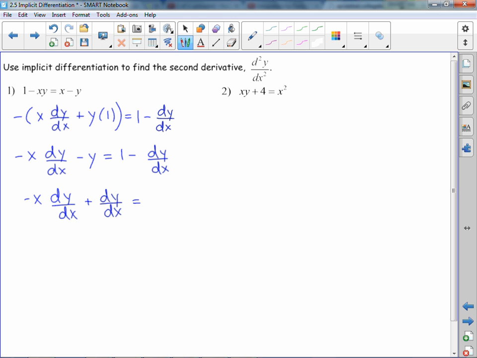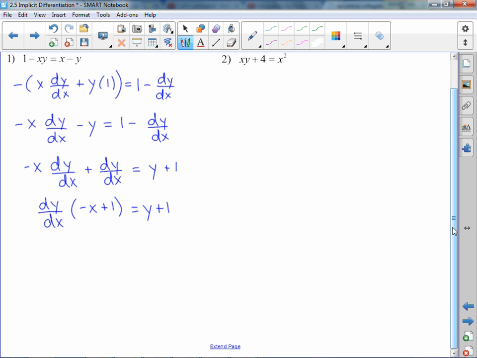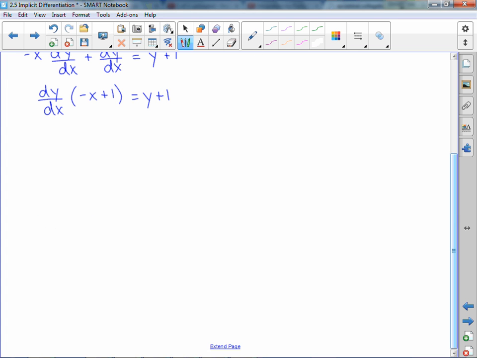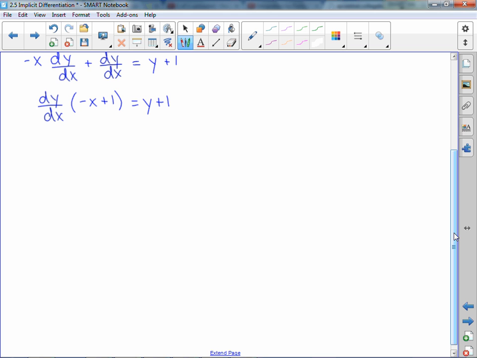And that's going to equal, add the y over, y plus 1. Factor out a dy dx. And we have negative x plus 1, and now we want to divide by the negative x plus 1. I think I'm going to rearrange those two to have the derivative equal to y plus 1 over, and I think I'll make it 1 minus x.